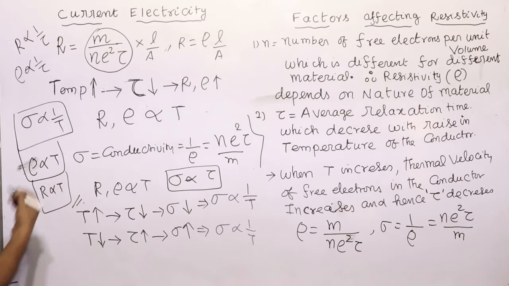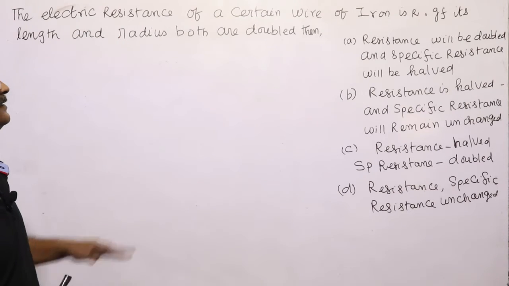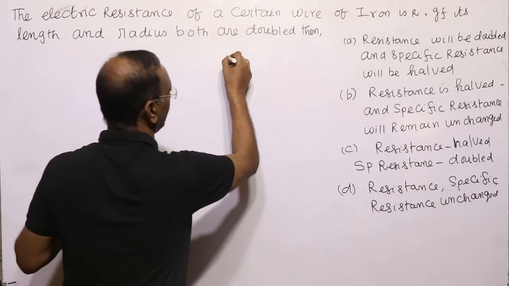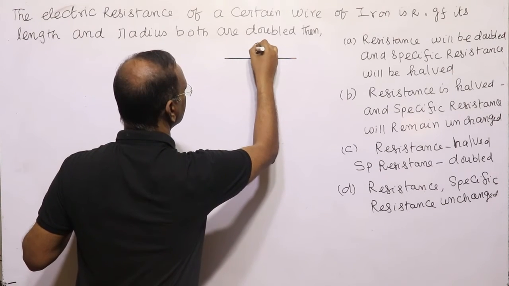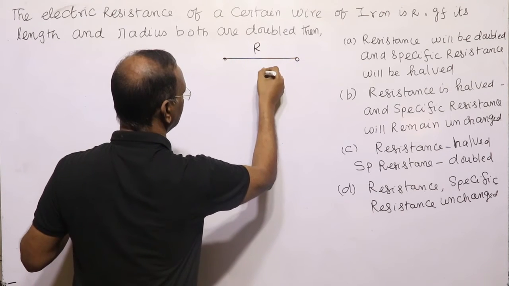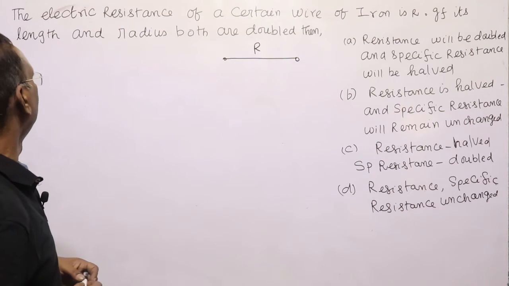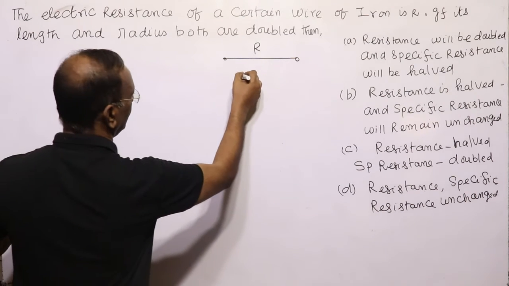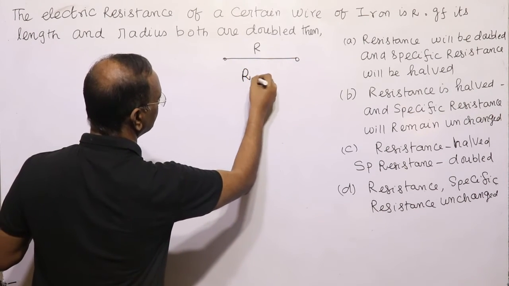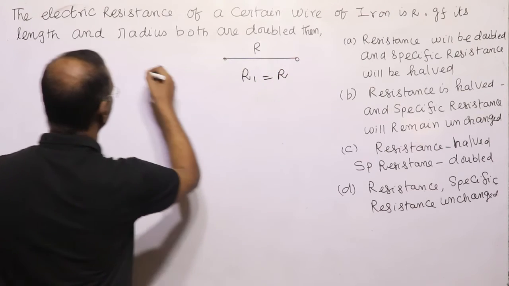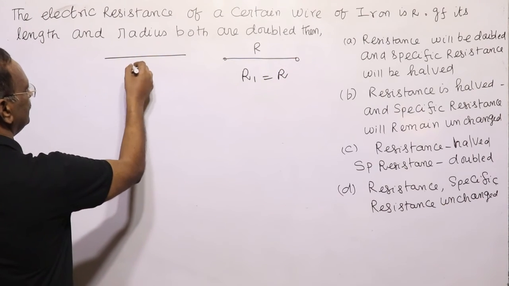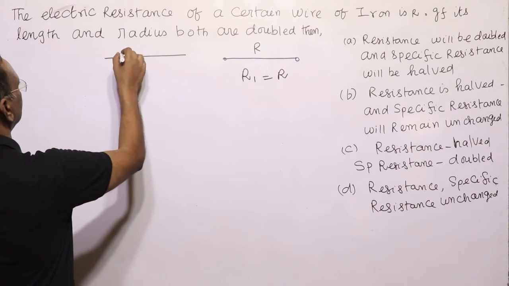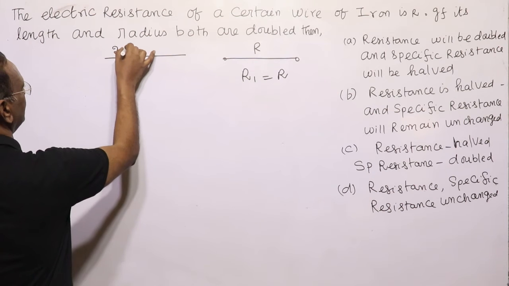the temperature. The electric resistance of a certain wire of iron is R. See, this is a wire, its resistance is R. This is the original length. If both the length and the radius are doubled, it means initially the resistance is equal to R, then finally for the same material the resistance, how much, we don't know, but the length is twice the length.